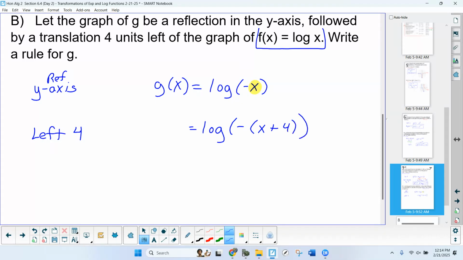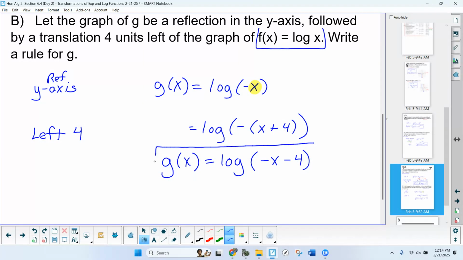You always, when you go left or right, replace just the x with parentheses, x plus 4. Because now what am I going to do with this negative? And when you distribute it, you get the log of what? Negative x. And yes, that has to be in parentheses because it shows that it's going left or right, not down. All right, what do you guys think?